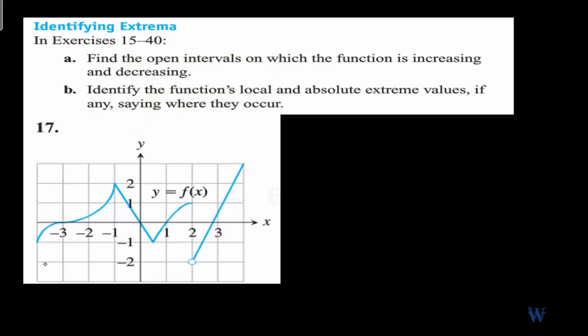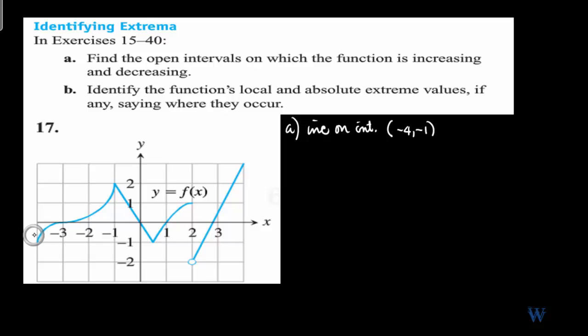But still, we can see from left to right where the curve is increasing and where it's decreasing. So for letter A, the function is increasing on the intervals from -4 to -1.